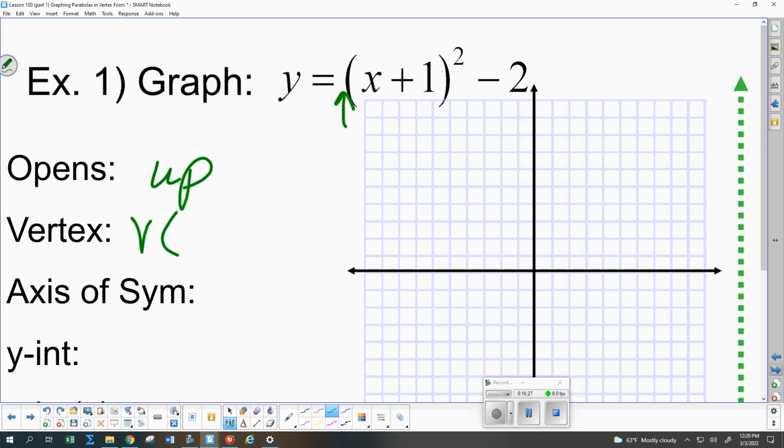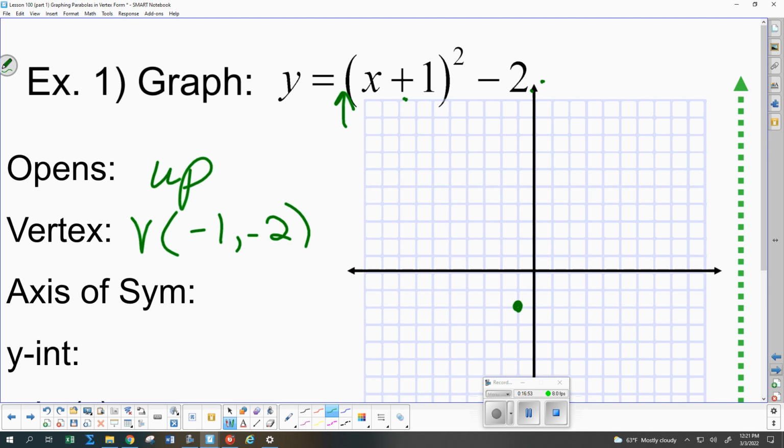Opposite of what's inside, same as what's outside. So Griff, what's going to be my vertex? Opposite of what you see inside, same as what you see outside. So -1, -2 is going to be my vertex. So -1, -2 would be right about there.